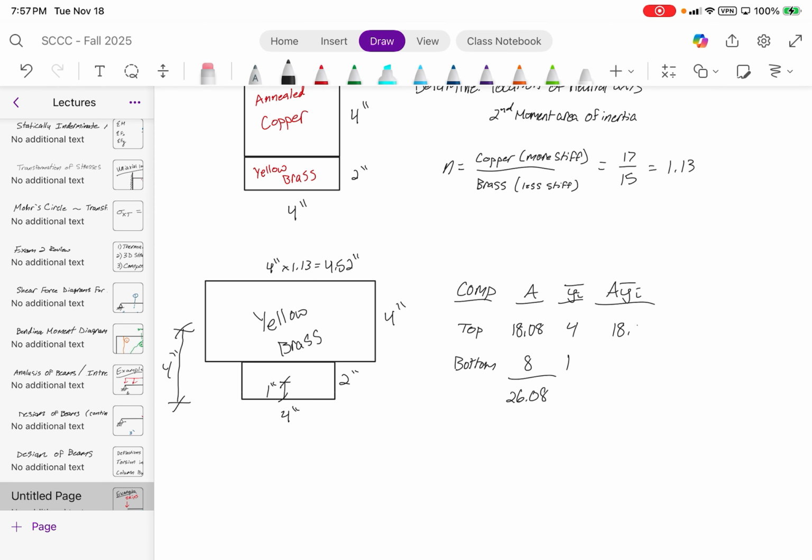This becomes 18.08 times 4, which gives us 72.32, plus 8, 80.32. Our y bar total, I get as 3.08 inches.